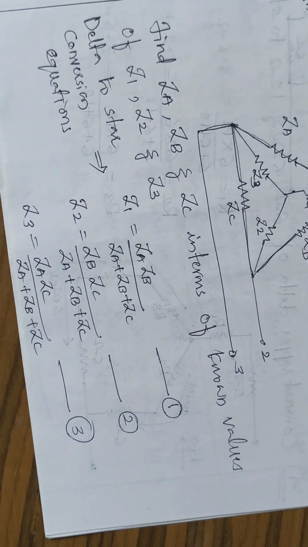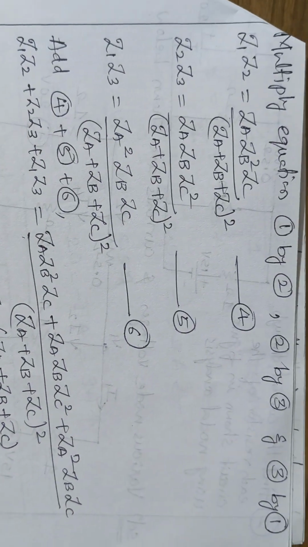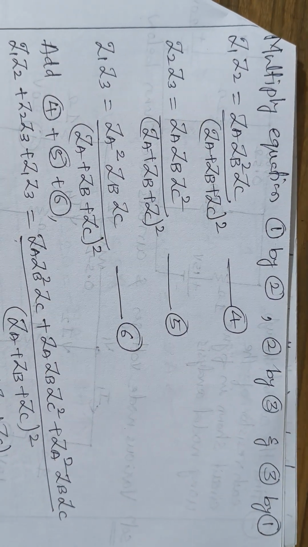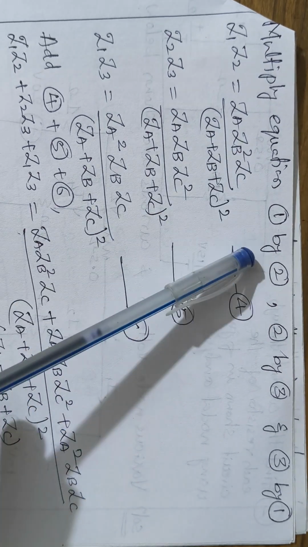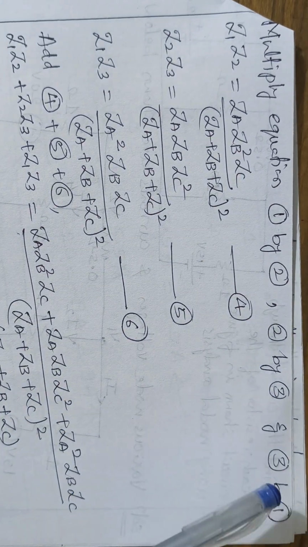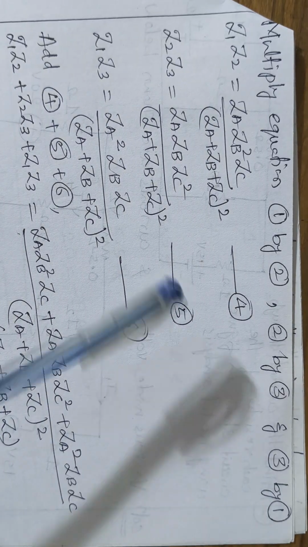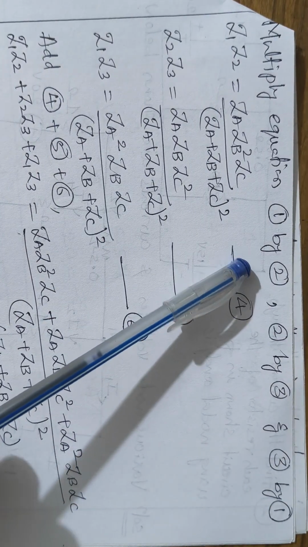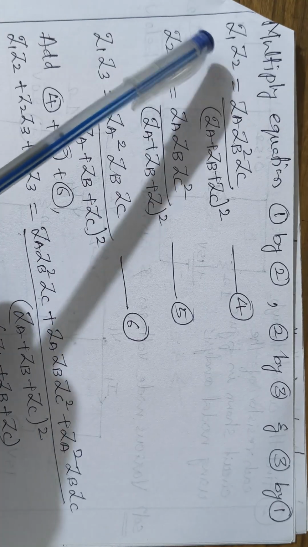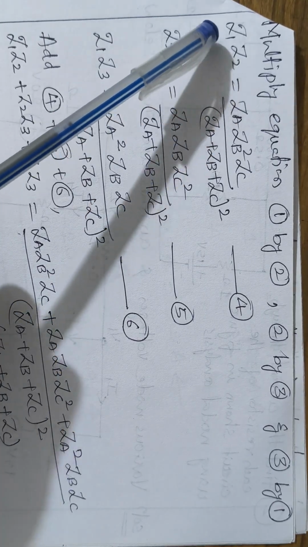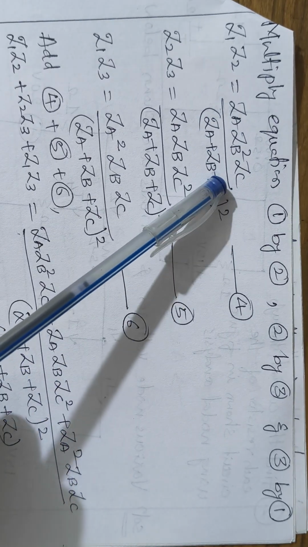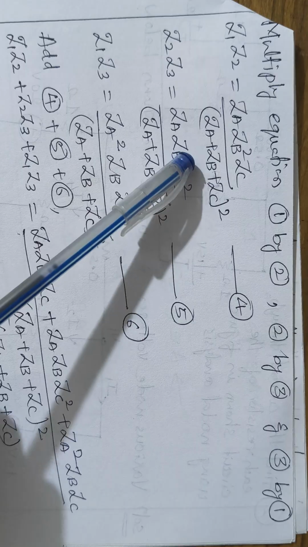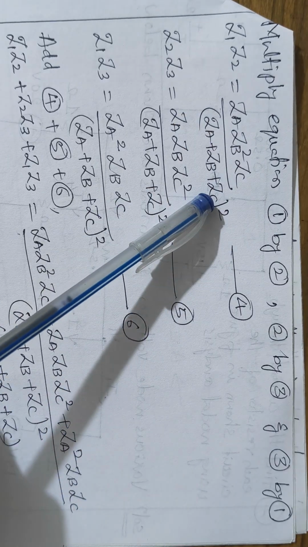Next, we have equations 1, 2 and 3. Now you have to multiply equation 1 by 2, 2 by 3 and 3 by 1. When you multiply equation 1 by 2, you will get Z1 into Z2, LHS multiplied with LHS, is equal to ZA ZB square ZC divided by ZA plus ZB plus ZC whole square.